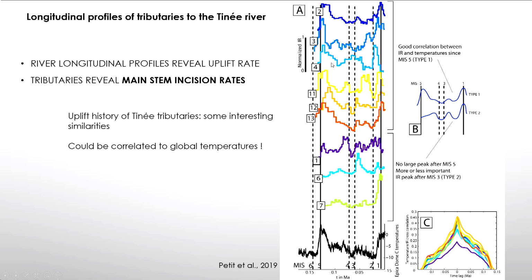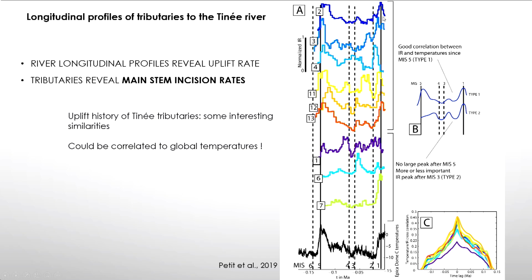In this figure, what you see is the different uplift rate histories, normalized between 0 and 1, of all these tributaries. And on the x-axis, what you have is time. So the present is to the right and the past is to the left. And what is interesting is that these histories bear similar characteristics.